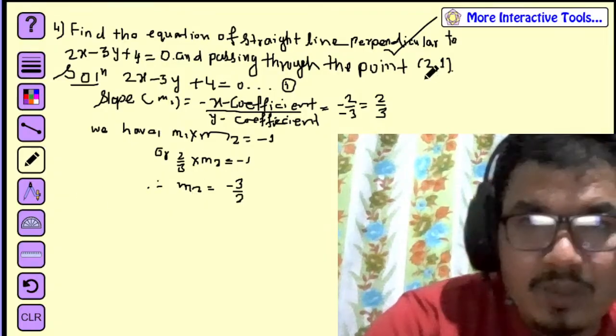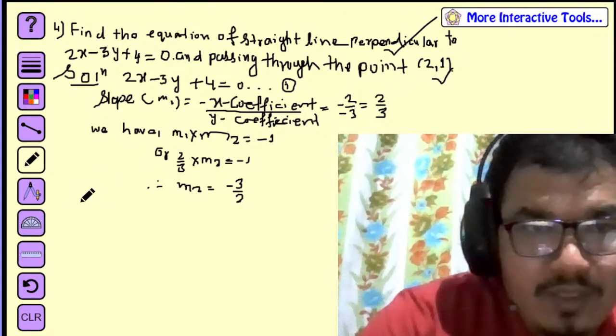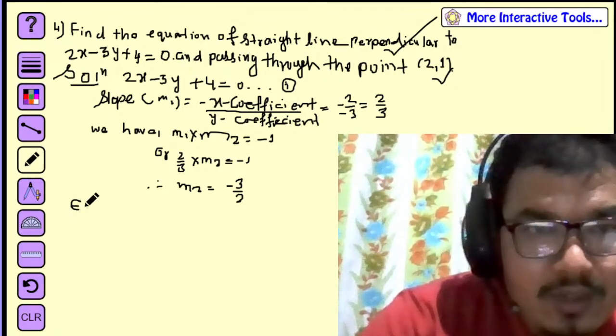If you know the slope and one point is given, then we can write the equation of the line, right?